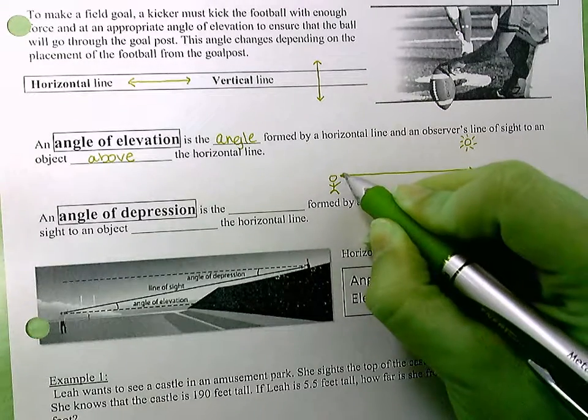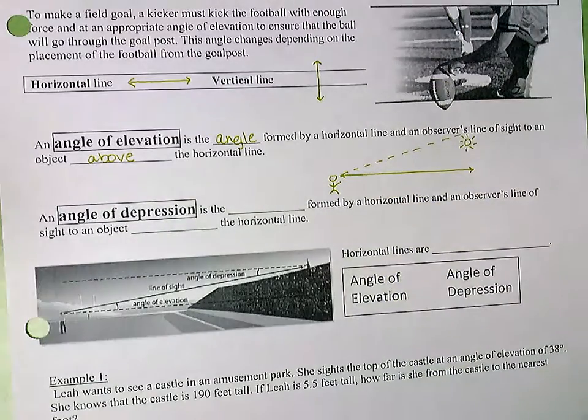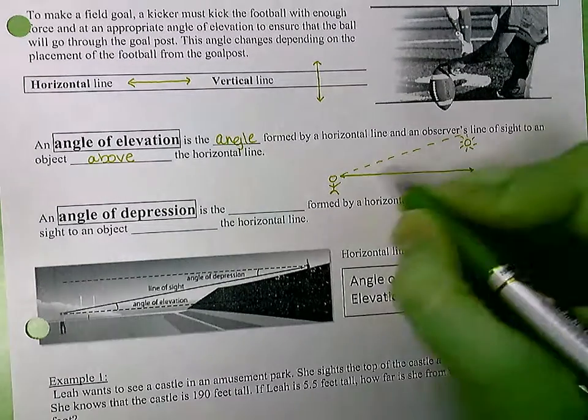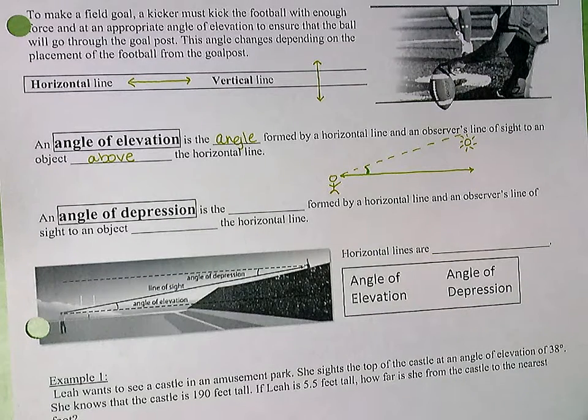Now this person is looking up at the top of the sun. Your angle of elevation is the angle formed between those two lines, between that horizontal and where they're looking up to.